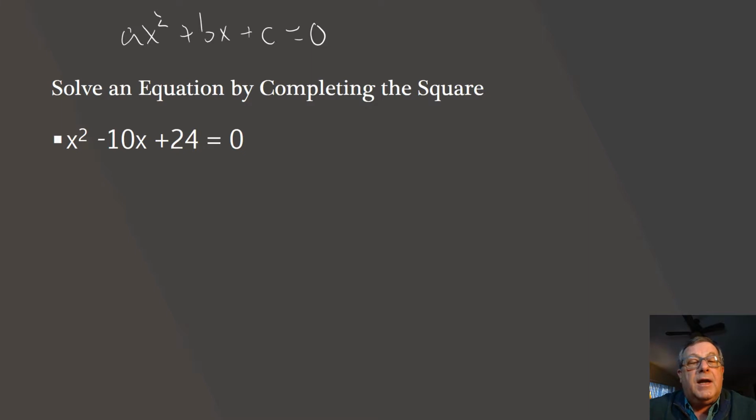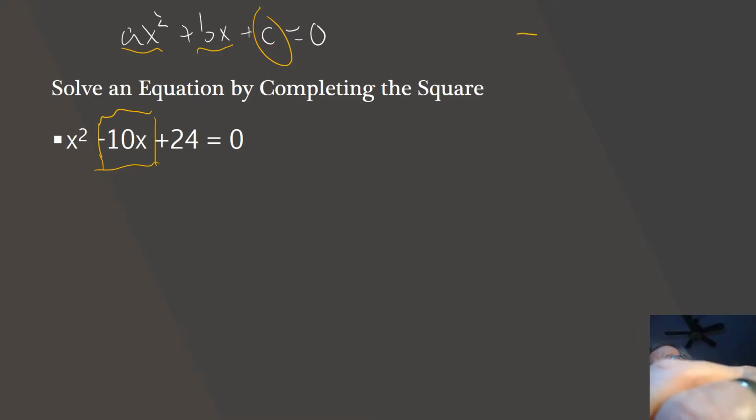At bx, we got negative 10x, and our constant here is 24. The bx is the linear term. The ax squared is the quadratic term. C is the constant.